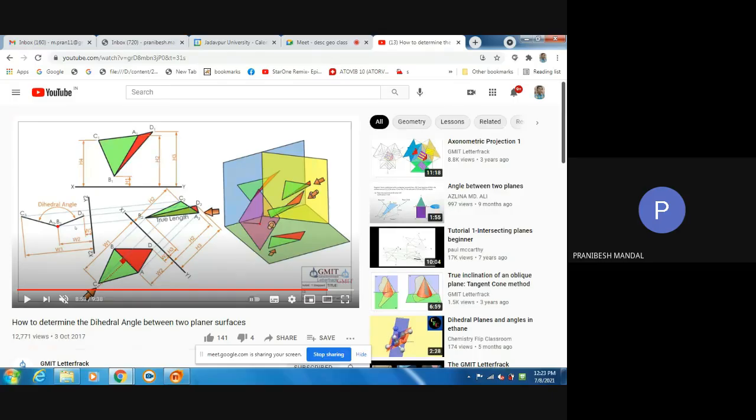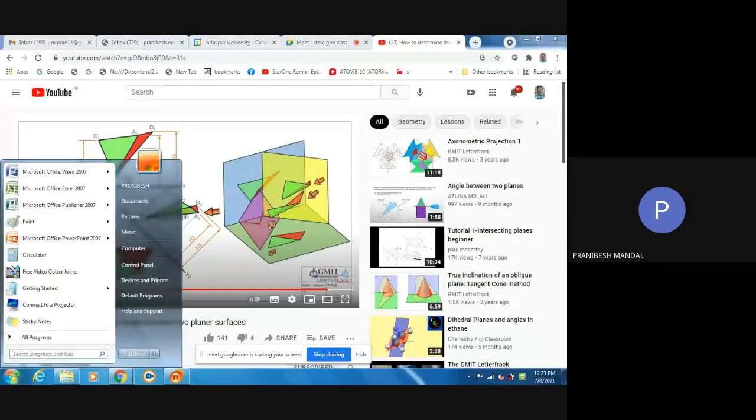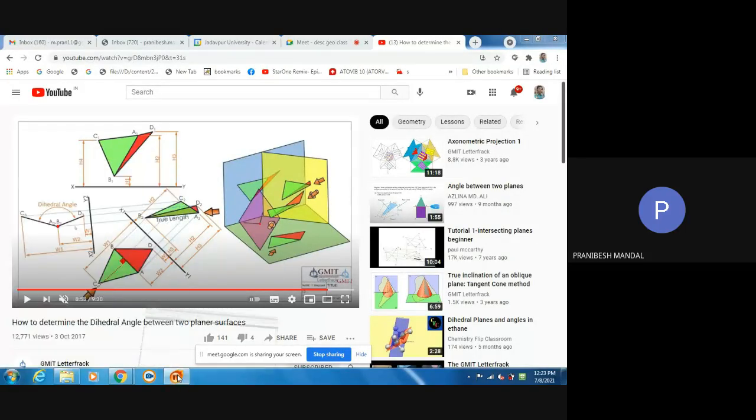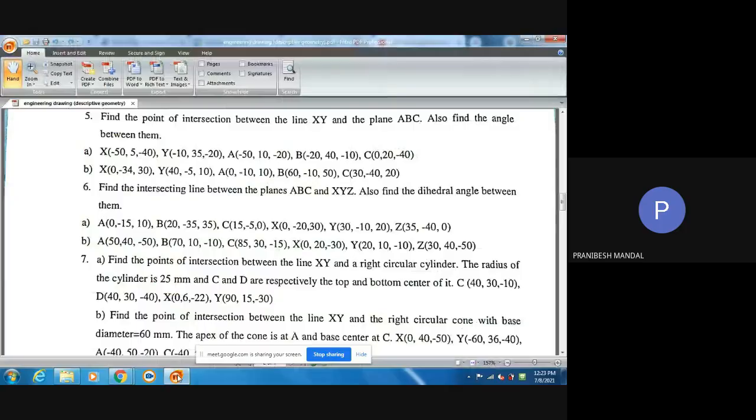Think about two planes between which you do not know the line of intersection at all. Follow this problem number 6. Can you see? There are two planes, ABC and XYZ, right?